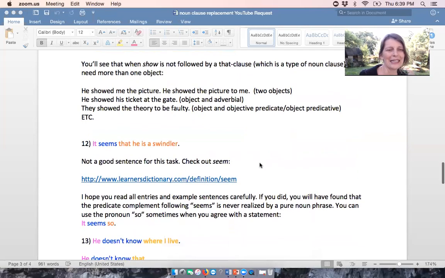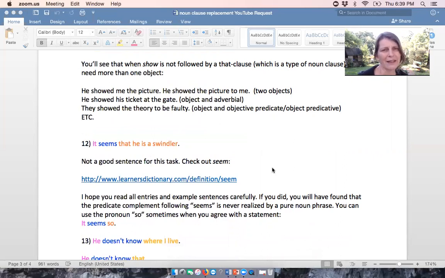Okay, it seems that he is a swindler. Now, it seems is again an impersonal subject. Sometimes we could say it seems to me that he is a swindler. That's an impersonal construction. Yeah, please check out seem.